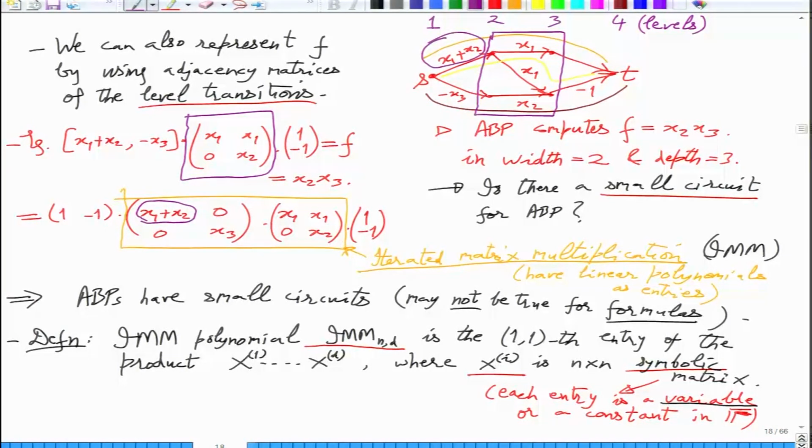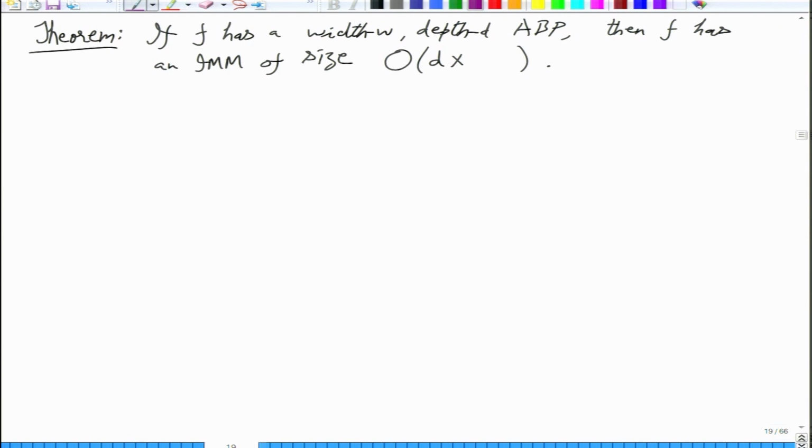So you will have width 3 now. But the advantage is that now in the matrices you will have only variables or constants. So that will be an IMM representation. So this width basically grows by multiple of n, right? So Wn, and then you are squaring it. So you get Wn square.